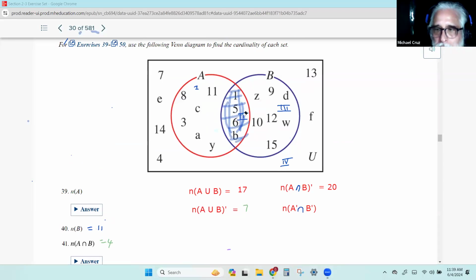That is part of De Morgan's law, but we're just going to use it here.